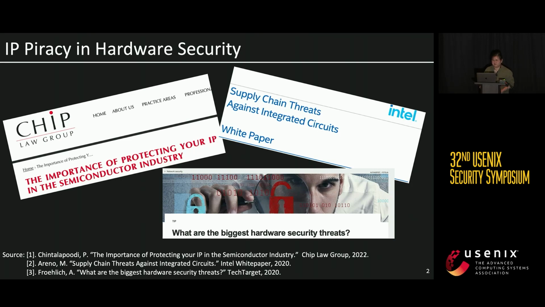Thereby, they can overbuild the chip and sell those chips into the gray market and gain profit from that. So how do we defeat hardware IP piracy? It's a common question in both academia and industry.